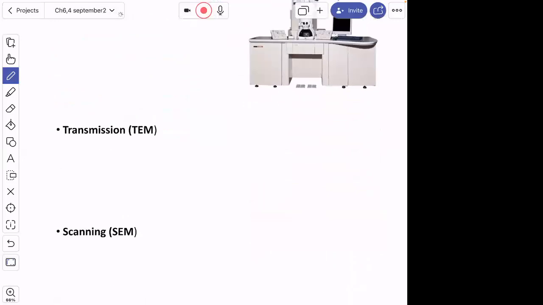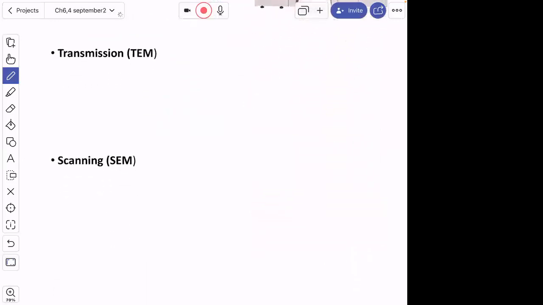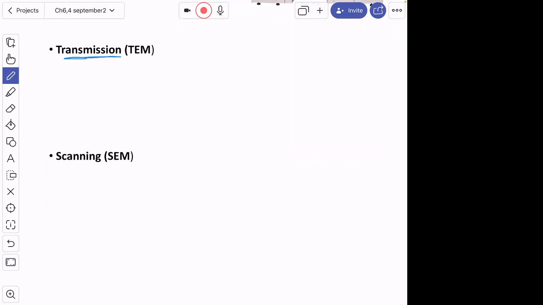So what's the difference between a transmission electron microscope and a scanning electron micrograph or microscope? I'll show you images in a minute, but transmission, think about what that word means, passing through. Here the electrons are going to pass through a very thin section of cells.